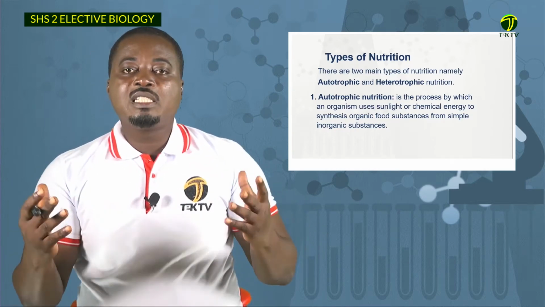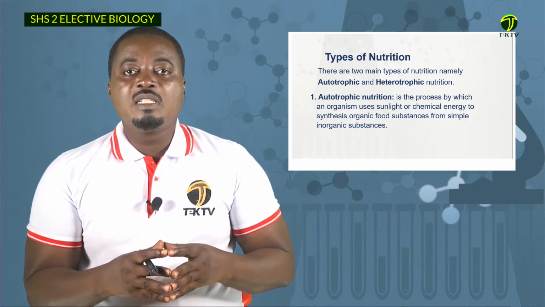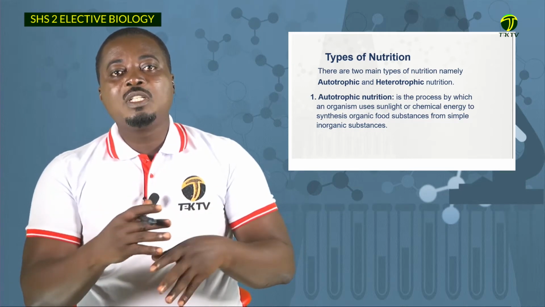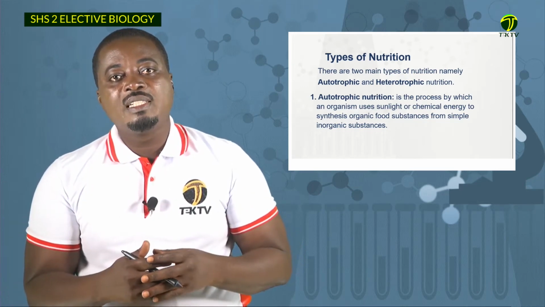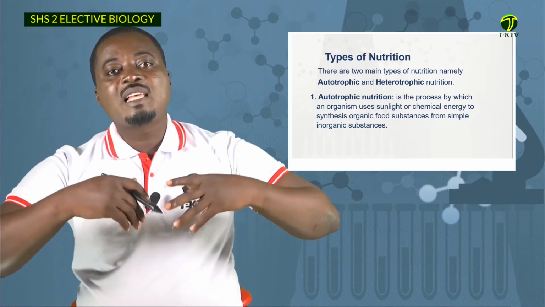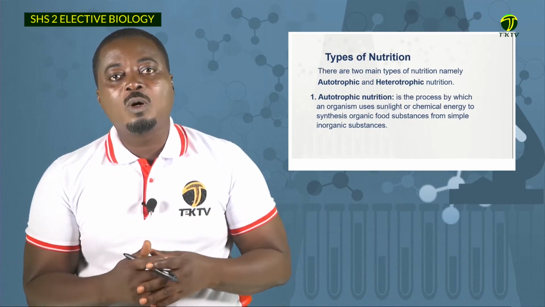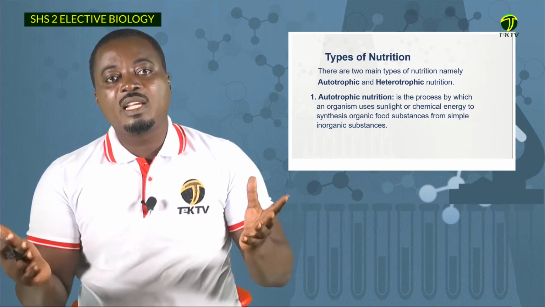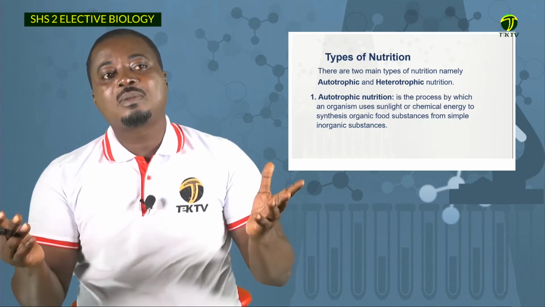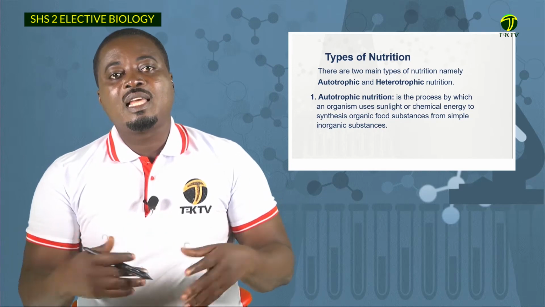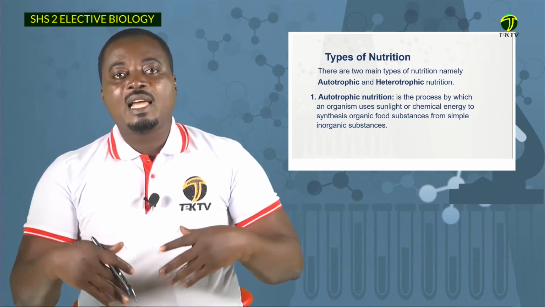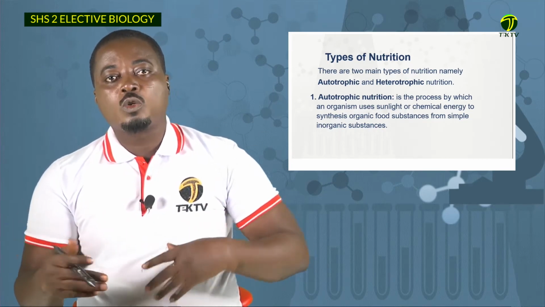So imagine we've placed ourselves within an environment where there are no other living things. All that you find are non-living things, or we say inorganic substances, like water, light, carbon dioxide, soil, rocks, these things.